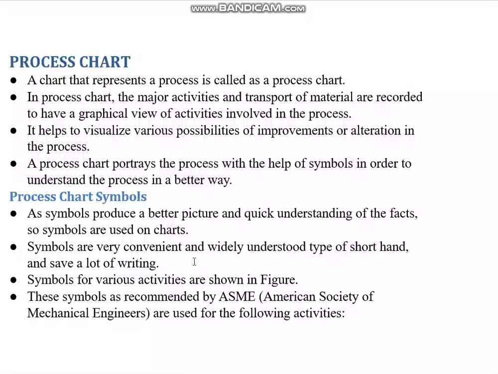They save a lot of writing. One little symbol may replace one whole sentence. Symbols for various activities are shown in the figure following. I'll show you the figure later. These symbols are recommended by ASME, the American Society of Mechanical Engineers, and we are going to use those symbols.